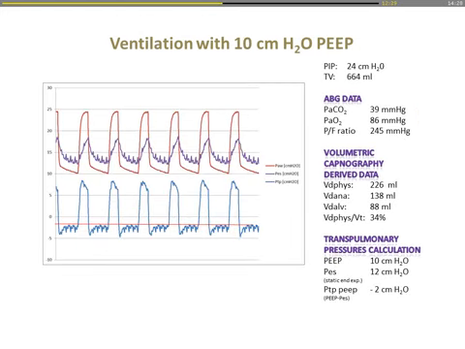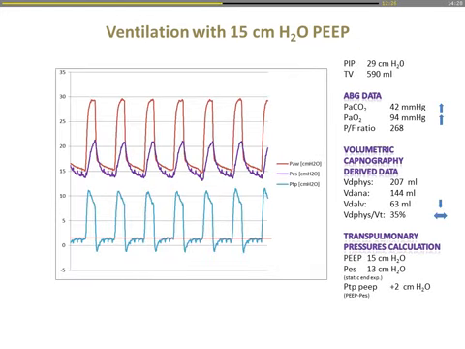So then we shifted PEEP from 10 to 15, and as you can see, there was an increase in PaO2 FiO2 ratio, there was a decrease in alveolar dead space, so the ratio, very probably because of the changes in tidal volume between dead space and tidal volume, was more or less the same, and we ended up with an end expiratory transpulmonary pressure of +2.